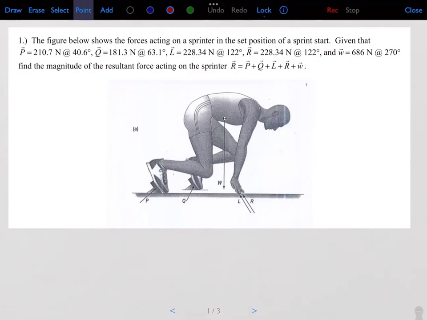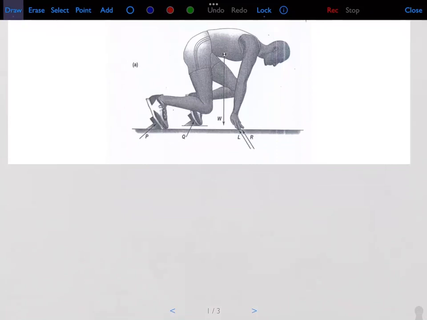Okay, so in order to add all these 5 vectors analytically, I first need to find the components of each of the vectors. So let's draw these out. So I have P. This is in the first quadrant. We know the angle is 40.6 degrees.